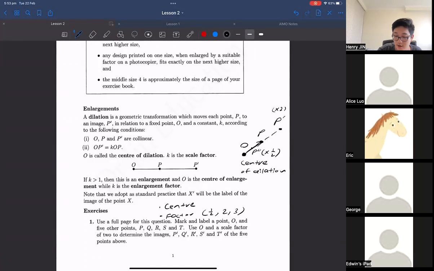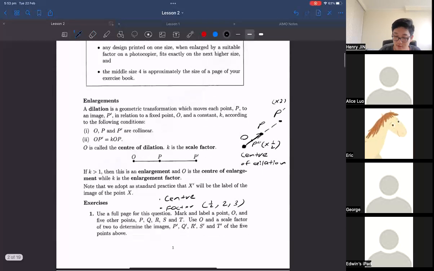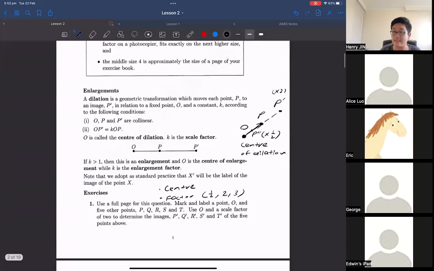You know how similar triangles are an example of this. In this case, your center of dilation is O, and P and Q will be dilated to P prime and Q prime with some ratio. The ratio is constant, and that's why it's a dilation.